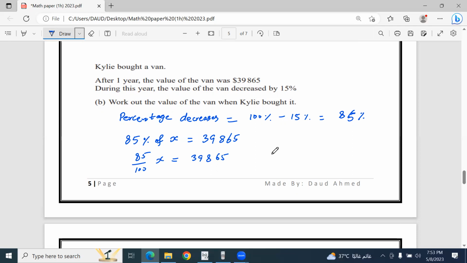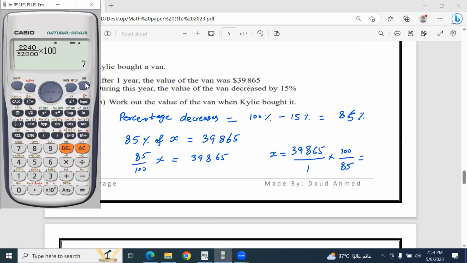And next step, you can take 85 over 100 to the other side. So it would be 39,865 divided by 1. And if you take 85 over 100 to the other side, it will change into the reciprocal, means 100 over 85.